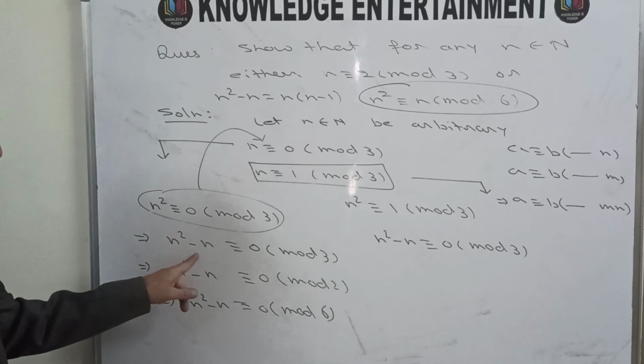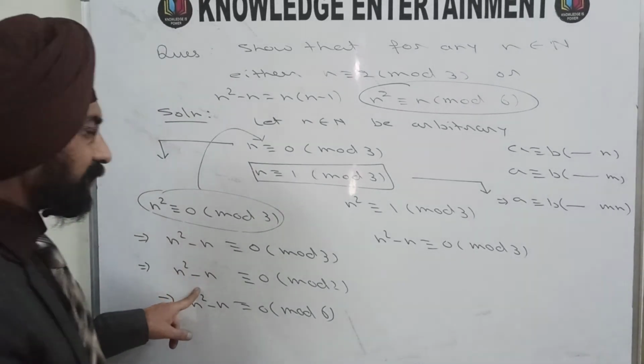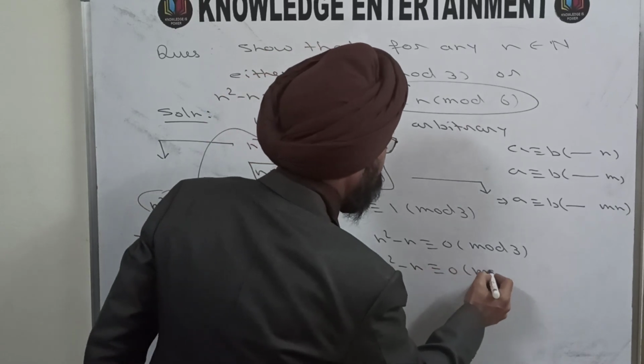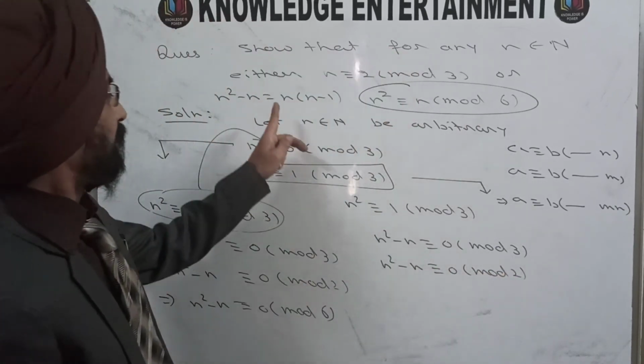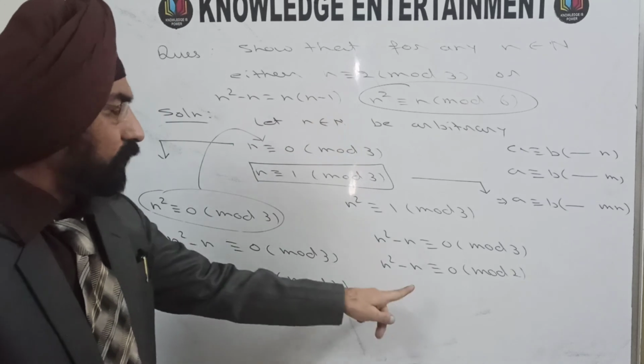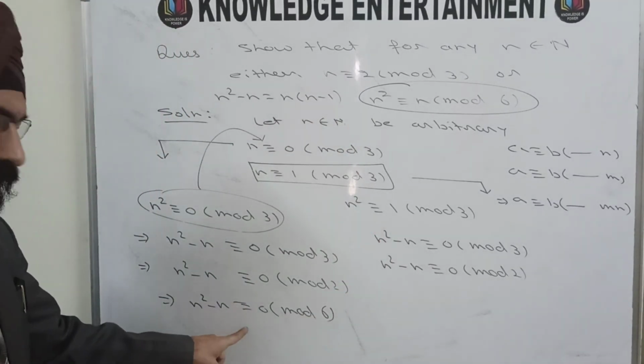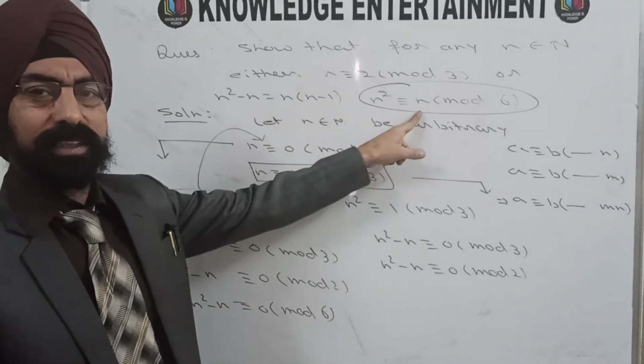So you have obtained the same result. And this one is already there. I have already explained this. Here we have the explanation of this. And once again, these two congruences will lead to this one, which is our required result.